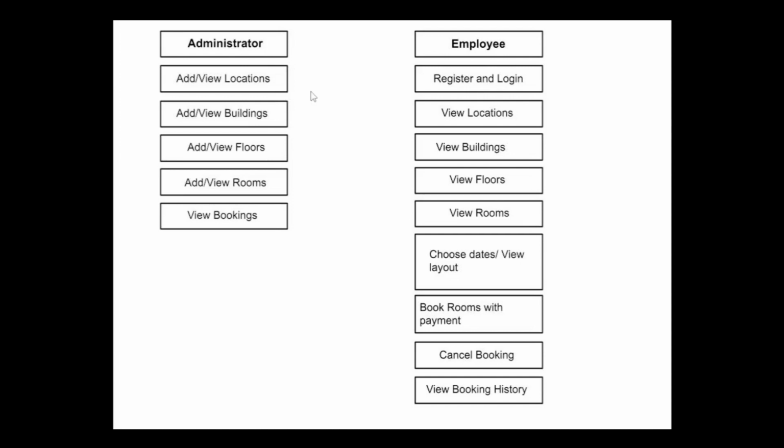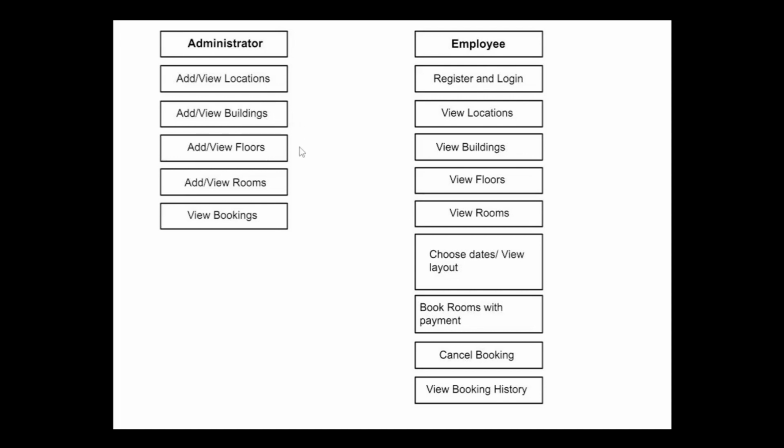After adding locations, administrator will add the buildings, in the sense the complete picture of it and the address where they can choose from. After adding buildings, administrator can also view the buildings he added.